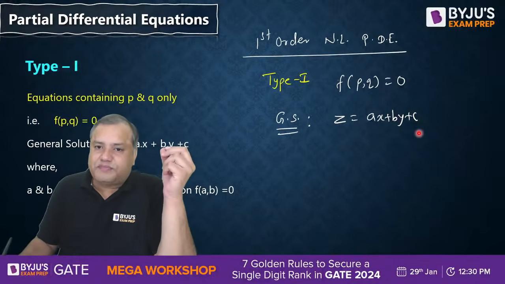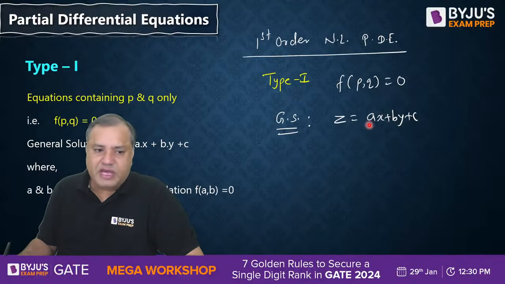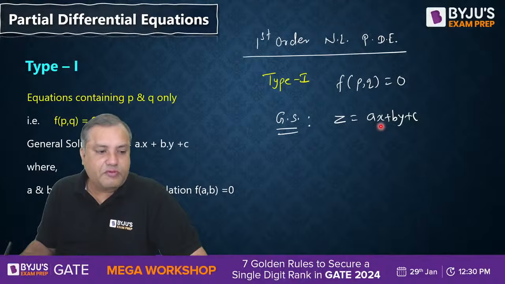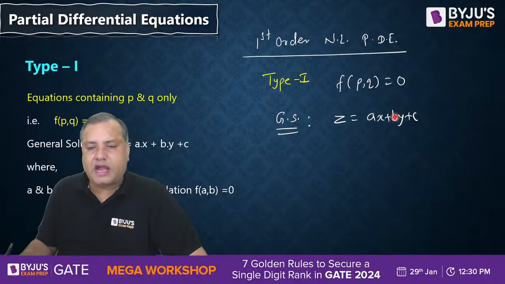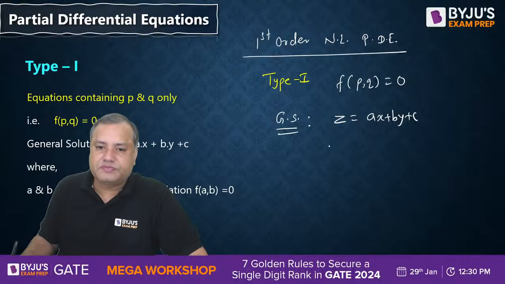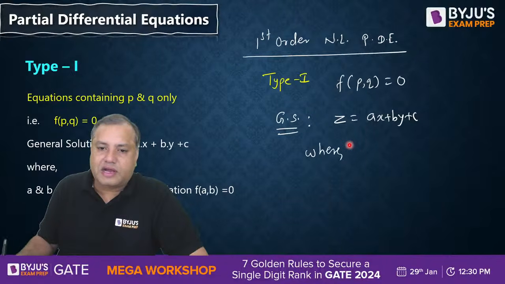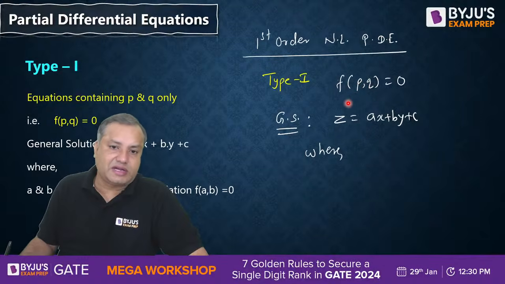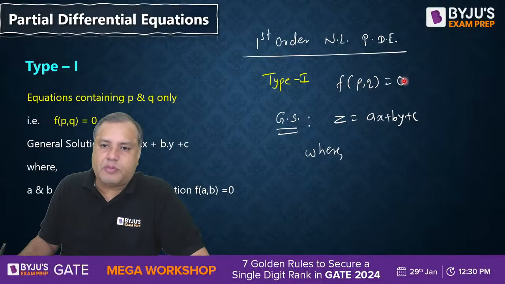Now the interesting part is a and b are related with each other. So students, this a and b are connected by the same relation by which p and q are connected. So f of p comma q equal to 0.